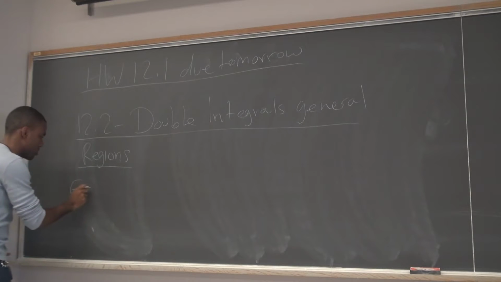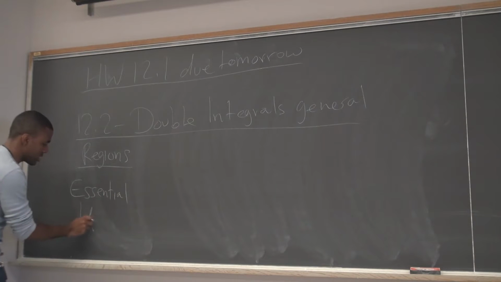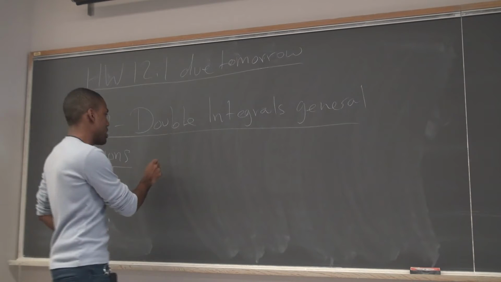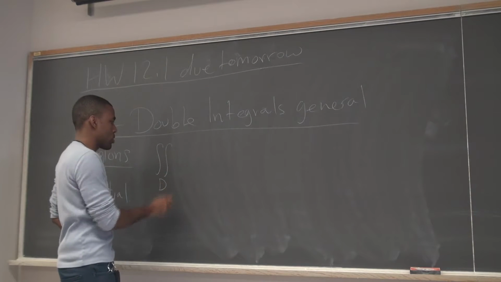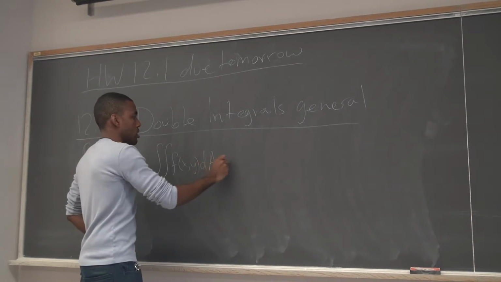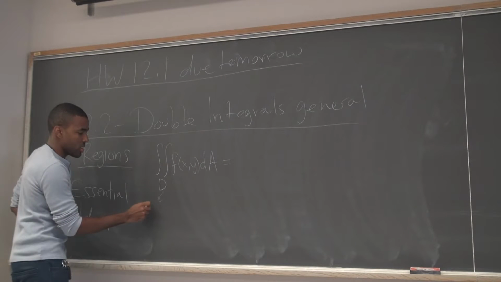Okay, so this might spill into tomorrow, but I'll give you the essential idea here. Basically, this chapter is going to tell you that you can set up a double integral over region D in one of two ways, where D is not necessarily a rectangle.